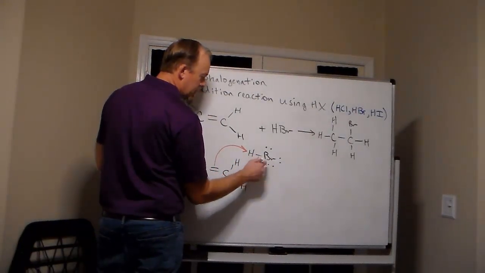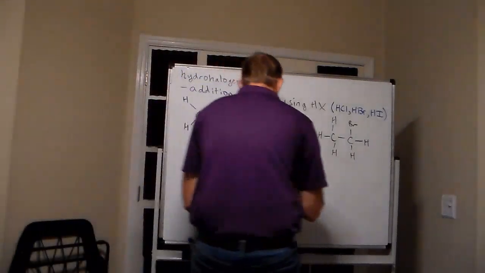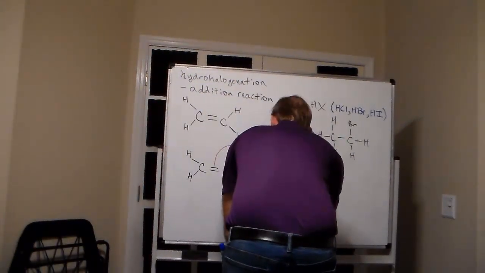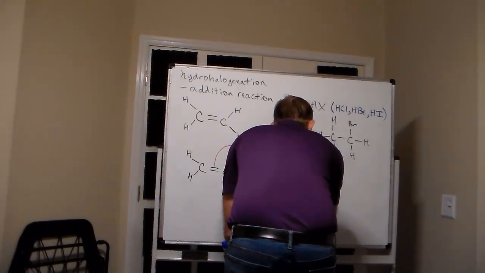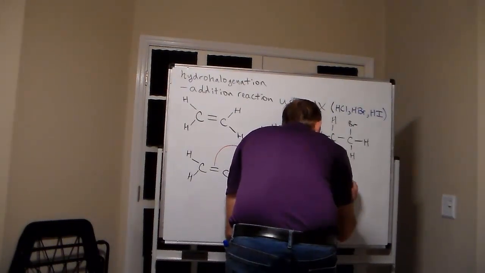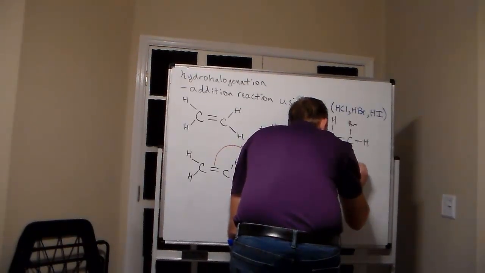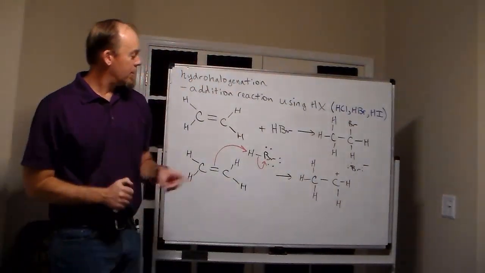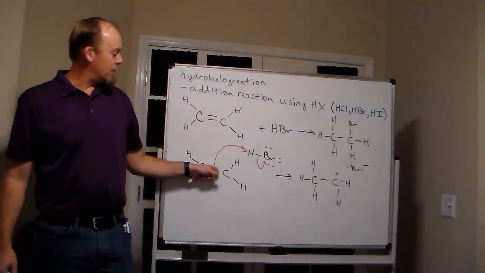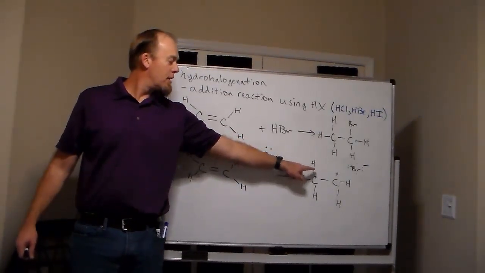So that bond breaks, and those 2 electrons go to the bromine. Now these 2 electrons are making a bond to hydrogen. That's what we see right here.